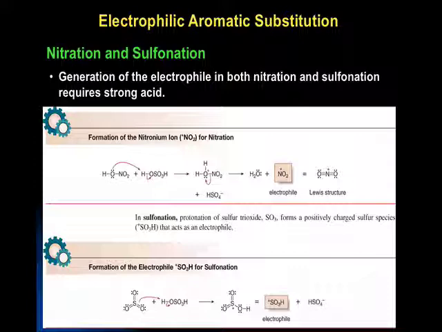The nitric acid. This oxygen atom on nitric acid is a base. How would you know that if you were to look this up in a pKa table? Which acid would have the lower pKa? The sulfuric acid would have the lower pKa, right? It's the stronger acid.